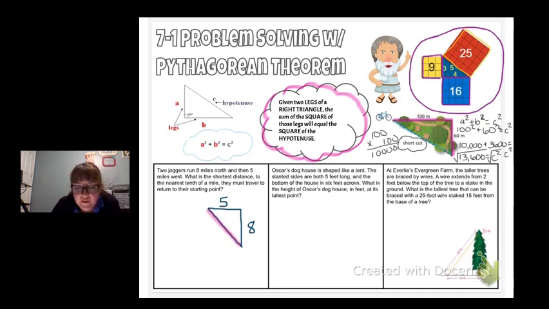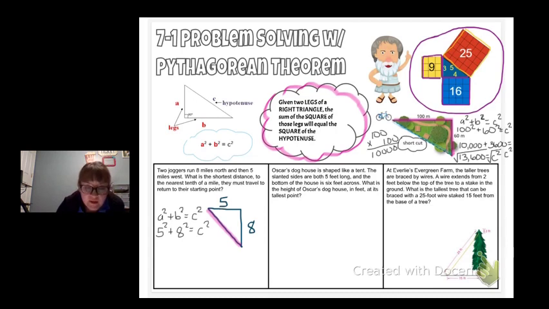So with the legs, we can call one of them A, one of them B. It doesn't matter. We're going to use the Pythagorean theorem. A squared plus b squared equals c squared. So my two legs are 5 and 8. I can put one of them for A, one of them for B. So 5 squared plus 8 squared equals c squared.